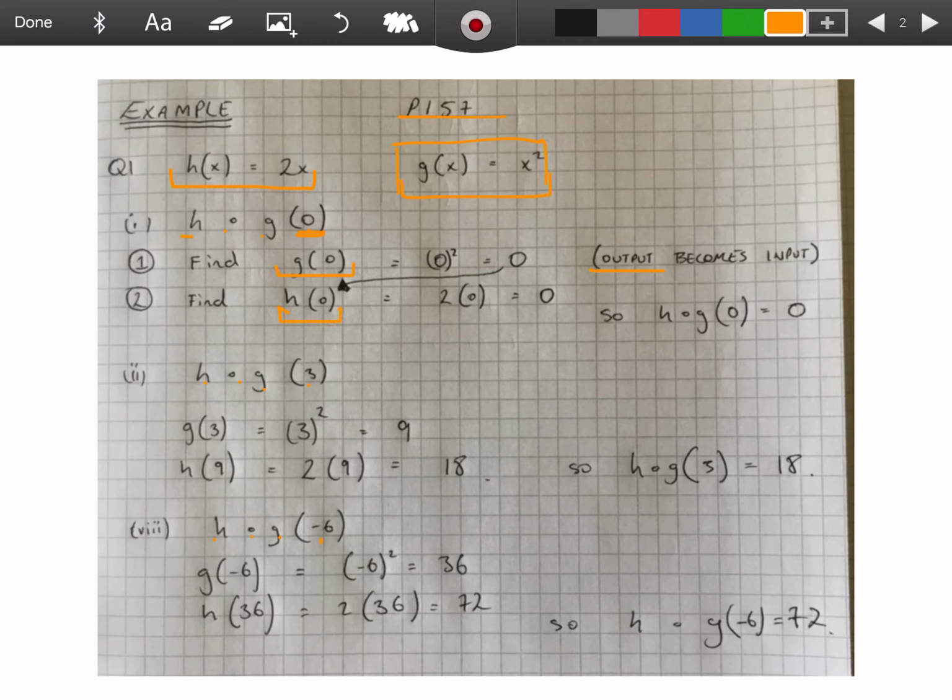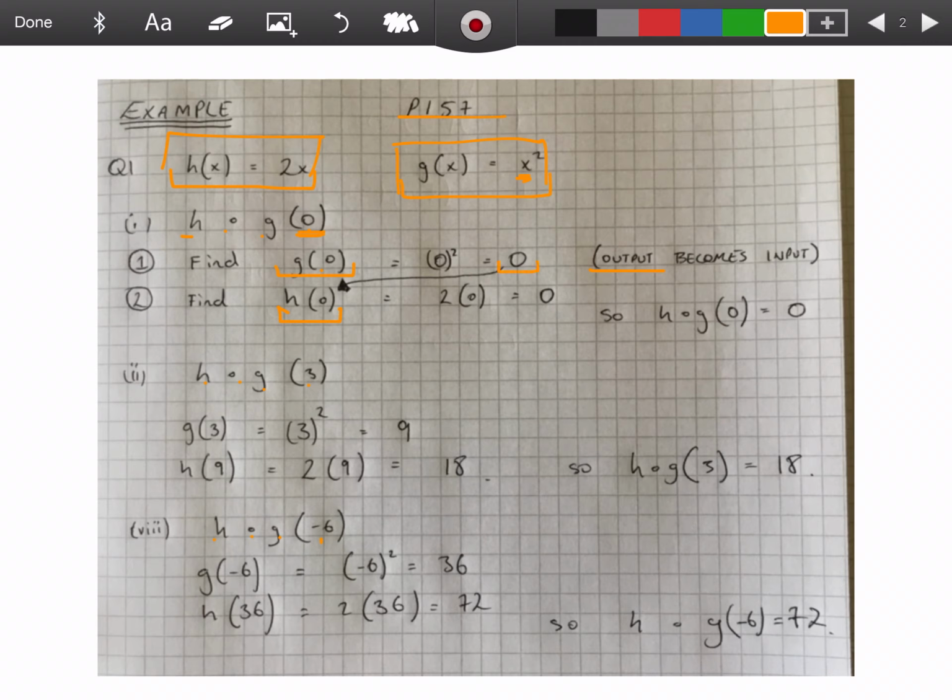So G of 0 becomes 0 squared, because it's x squared, which is 0. And now that's my output.